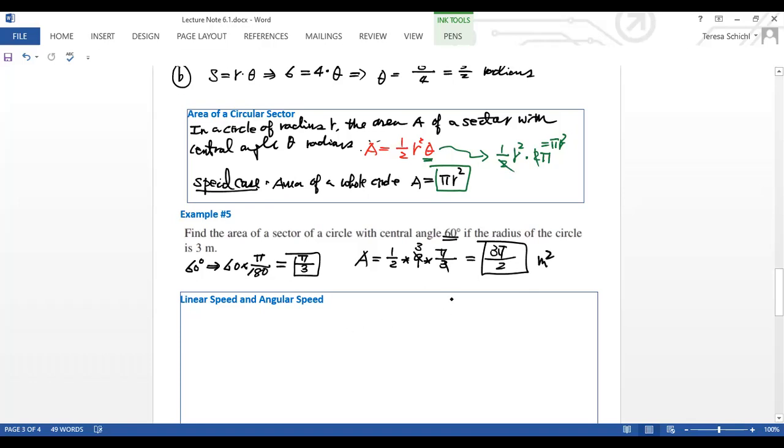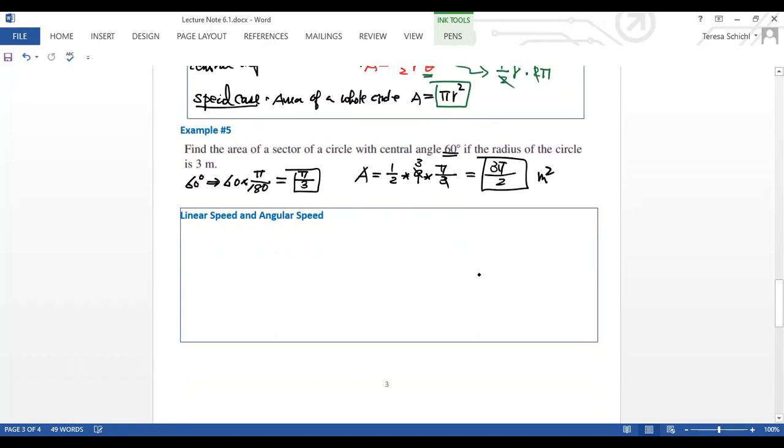Now let's take a look at linear speed and angular speed. What is linear speed? Let's take a look here.